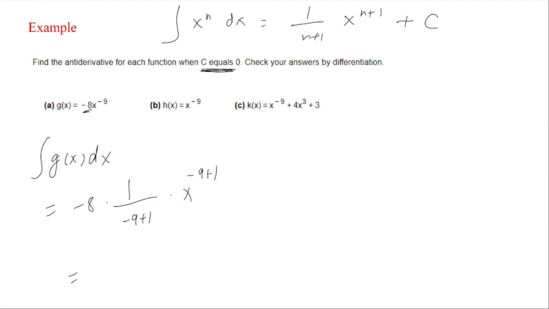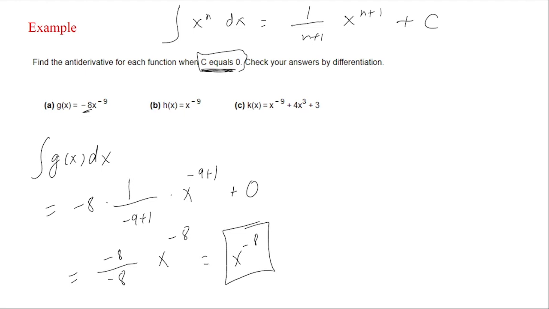As you can see, there is a -8 on the top and a -8 on the bottom. So x to the power -9 plus 1 is -8, and because c is equal to 0, as given, this is plus 0, so you don't have to write down the c. If you simplify this, it would be x to the power -8. This is one of the antiderivatives. When c is 0, this is the only antiderivative for this function.